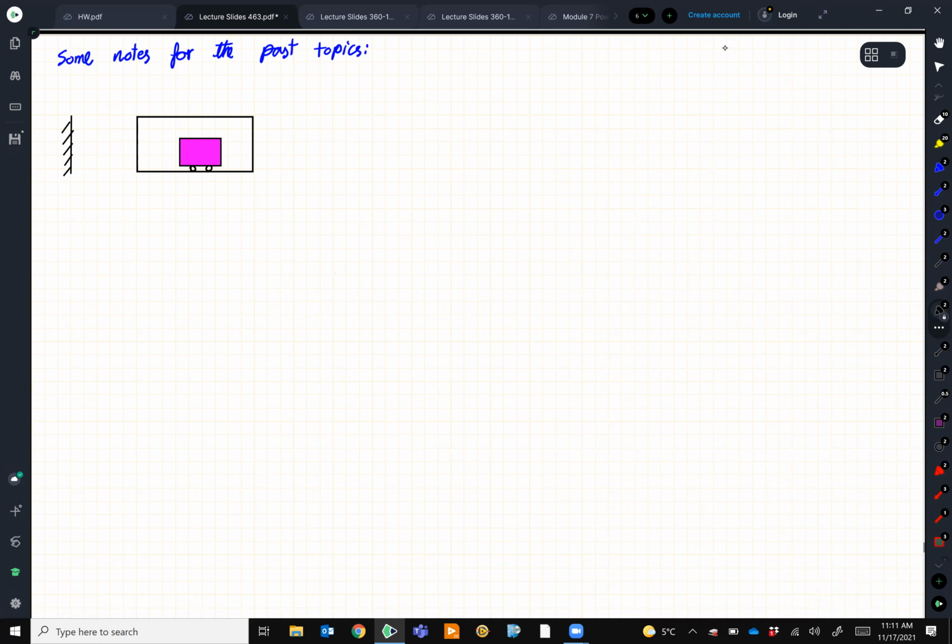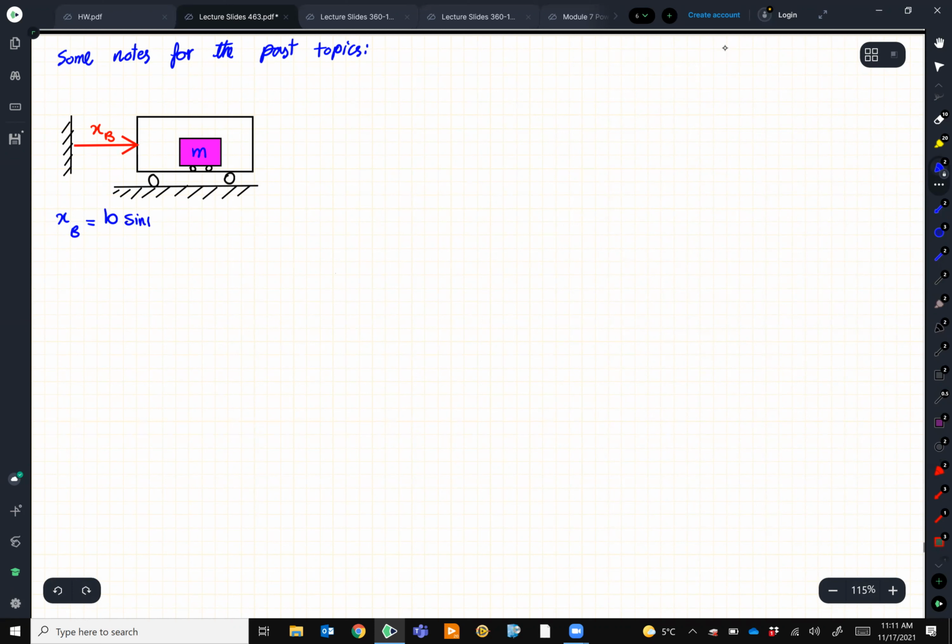All right, so let's say that. Okay, this is mass M. And what we have here is a system like a base motion system that we want to deal with.